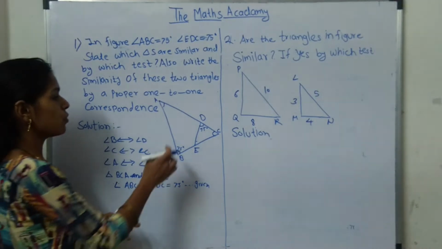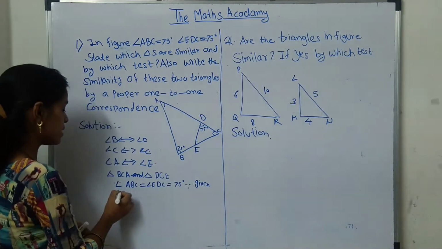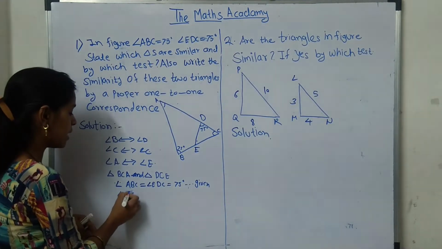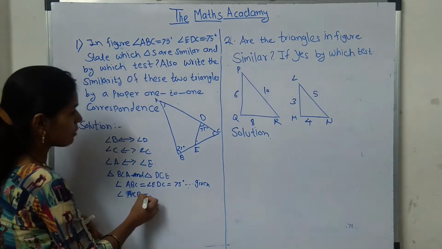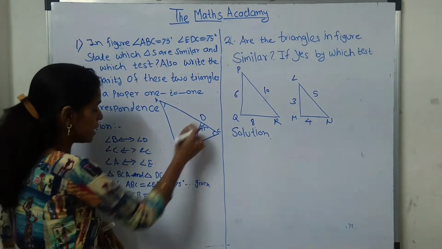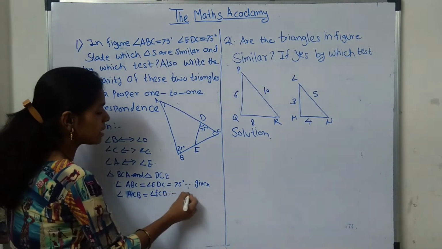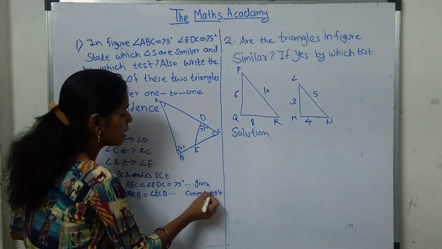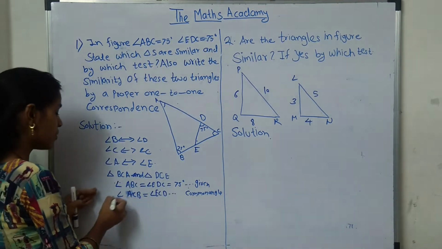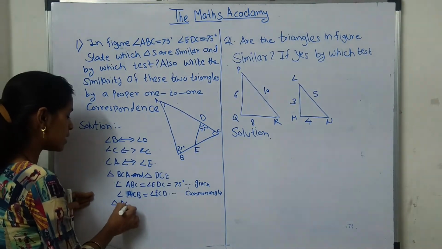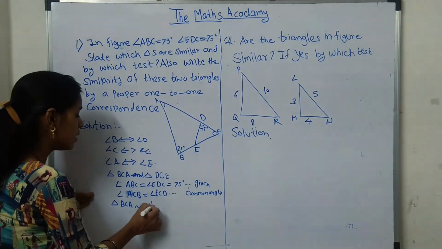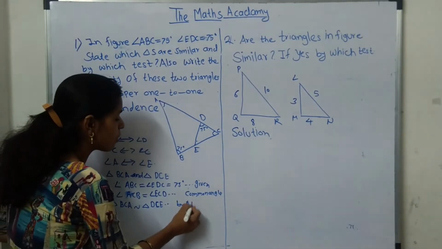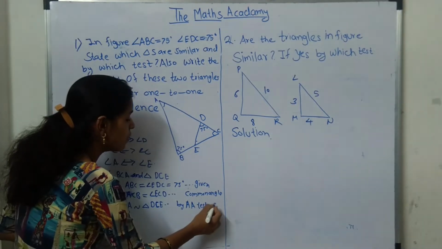That's C, so we will write angle ACB is equal to angle ECD. The reason is it is the common angle of both the triangles. Now by using this we can say that triangle BCA is similar to triangle DCE by AA test of similarity.